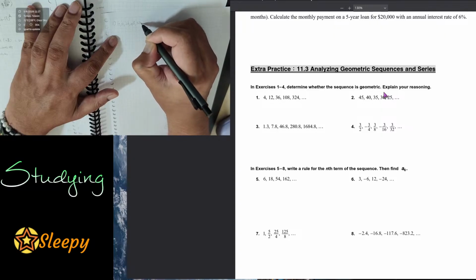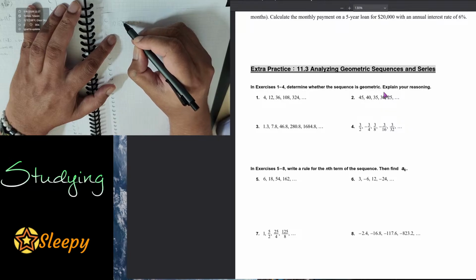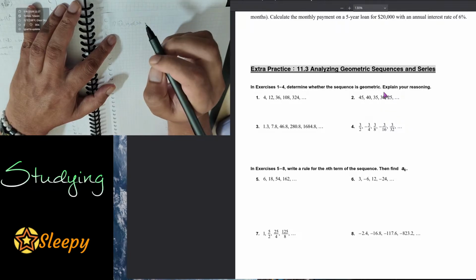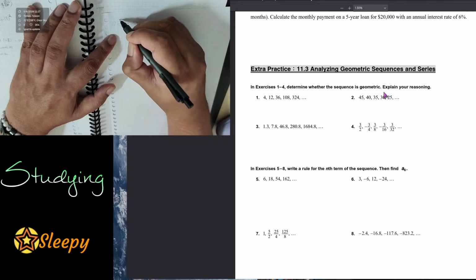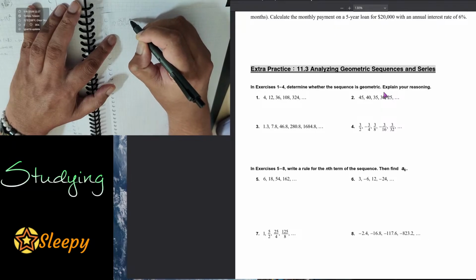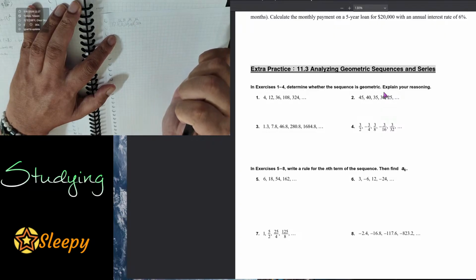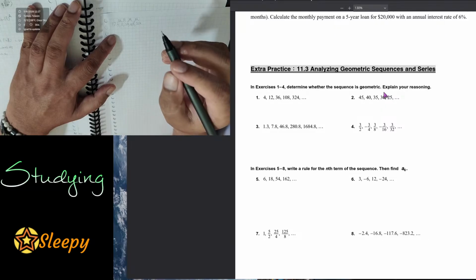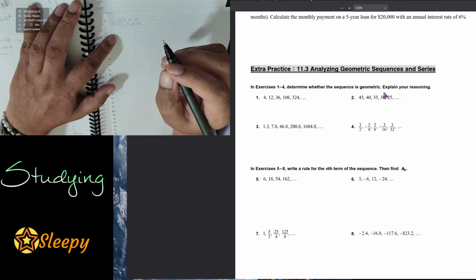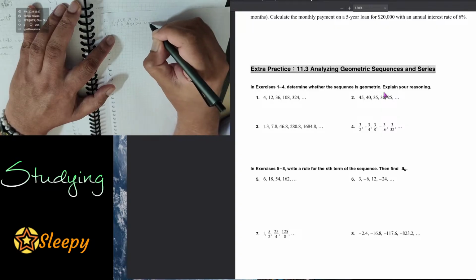Let me see. They're all times 3, yeah? So the formula here is y is 4 times 3 to the power of x.